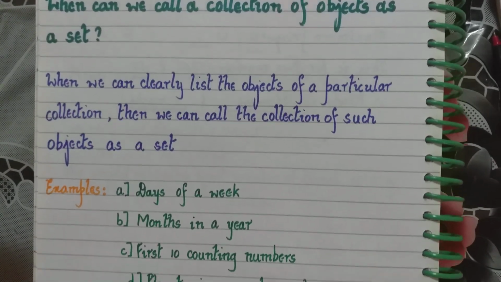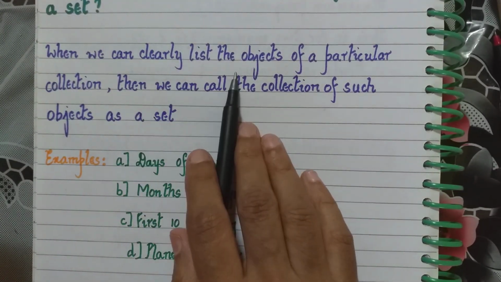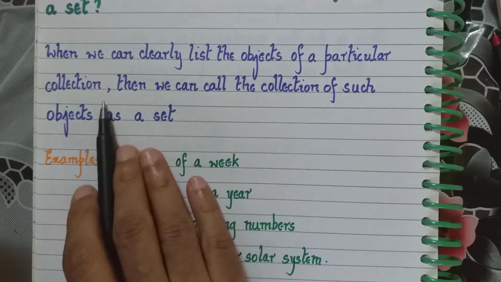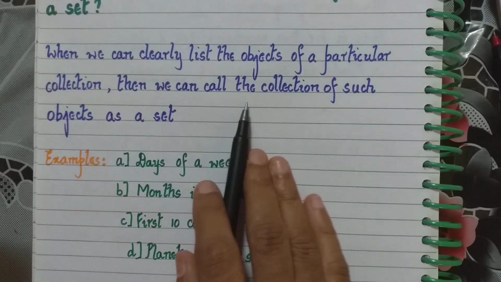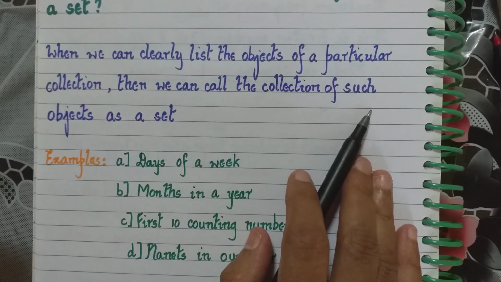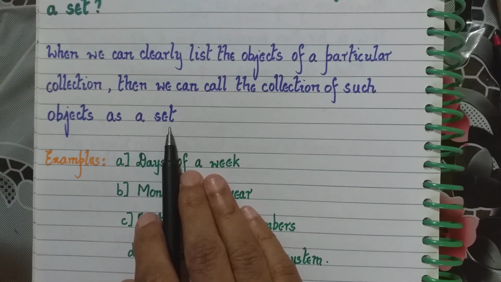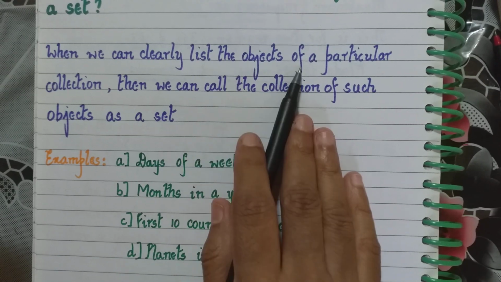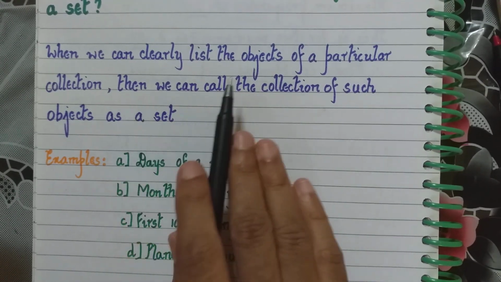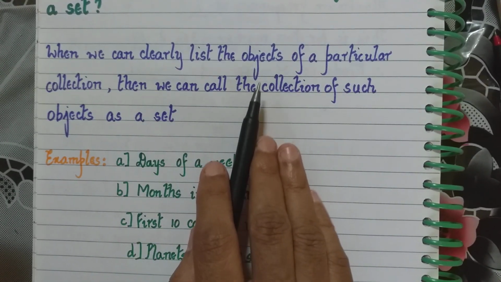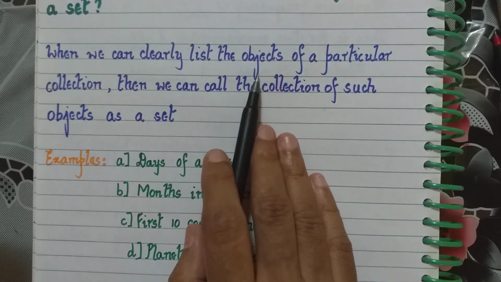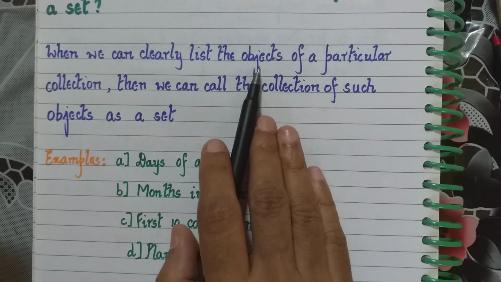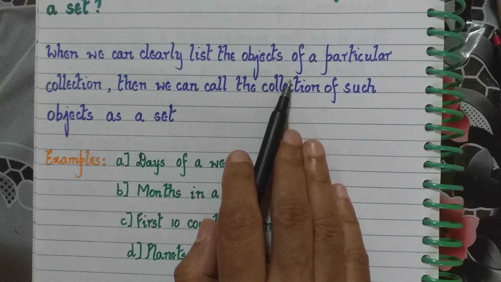See here, when we can clearly list the objects of a particular collection, then we can call the collection of such objects a set. That is, we must be able to list the objects in a collection. Let's say we are talking about the things present in your stationery box.